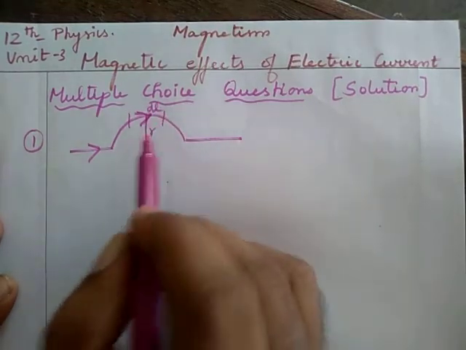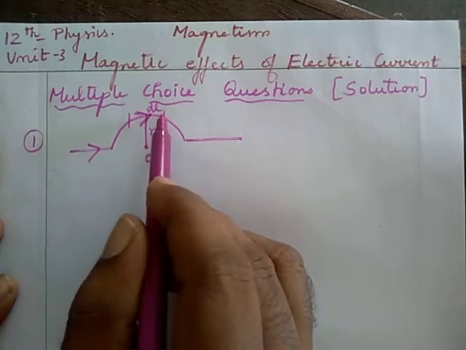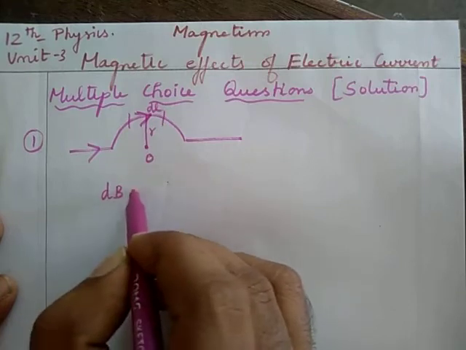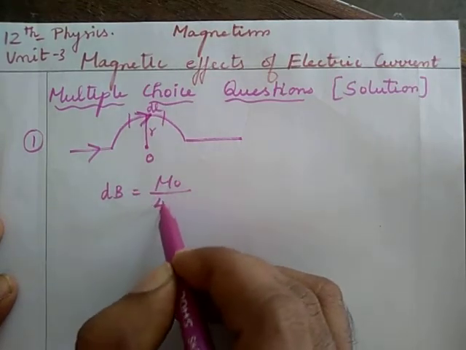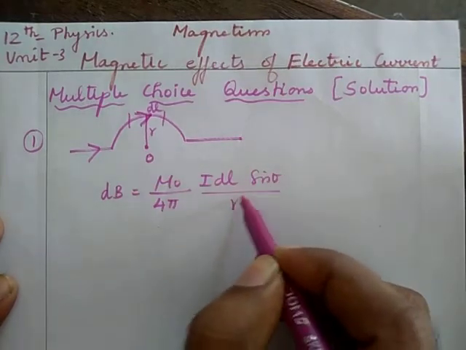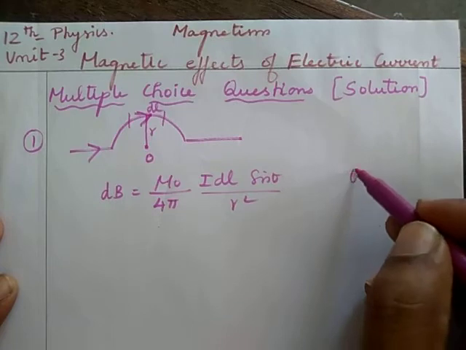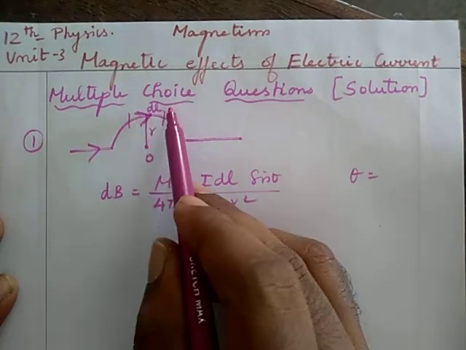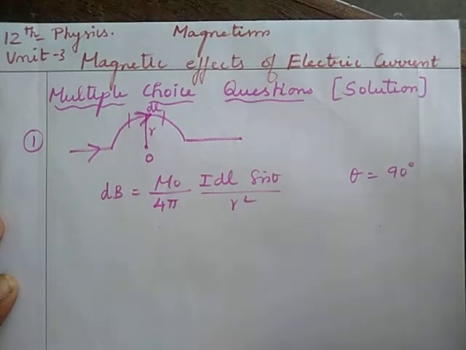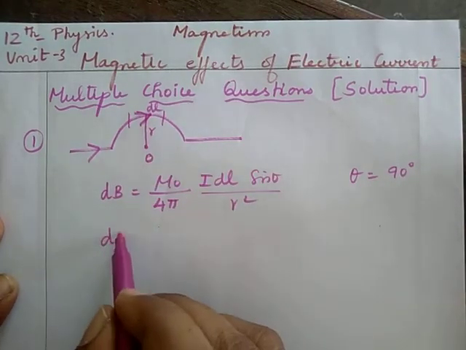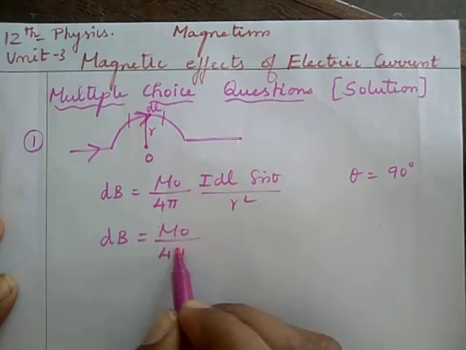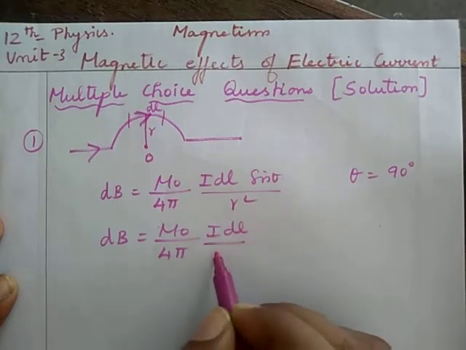Due to the current element, the magnetic field produced at the point O, denoted as dB, is equal to mu naught by 4 pi I dl sin theta by r square. We know theta is the angle between the current element and the unit vector r cap, that is here 90 degree. So the magnetic field due to the small length element is mu naught by 4 pi I dl by r square.